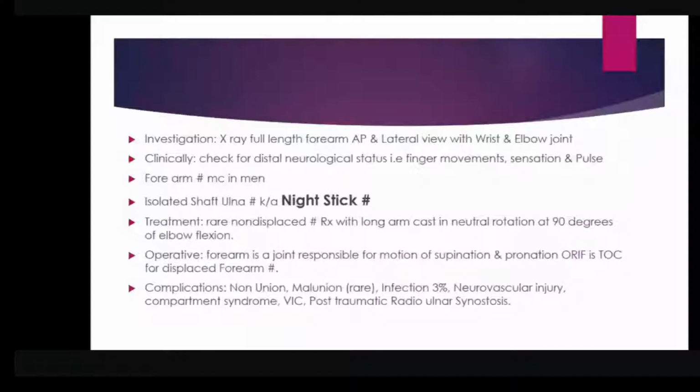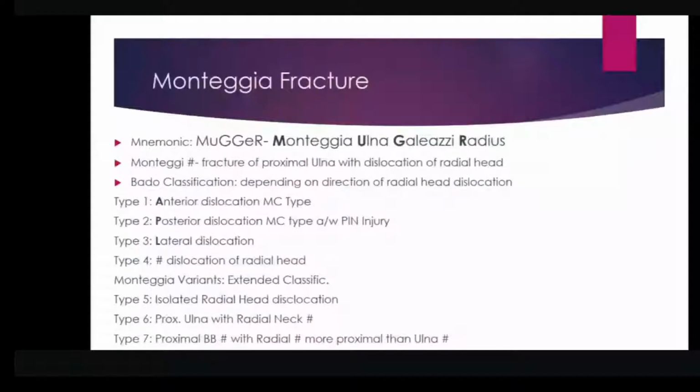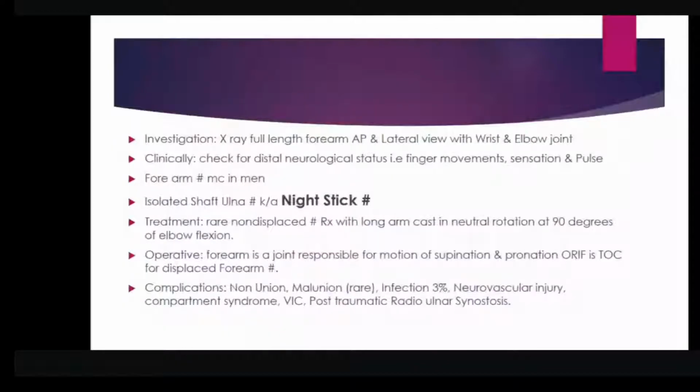Yes, sir. Okay. So basically the early complications are soft tissue injury, neurovascular injury, and another is compartment syndrome or acute ischemic injury. And late complications will be non-union, malunion, stiffness, infection for open fracture, compartment syndrome, these things particularly.